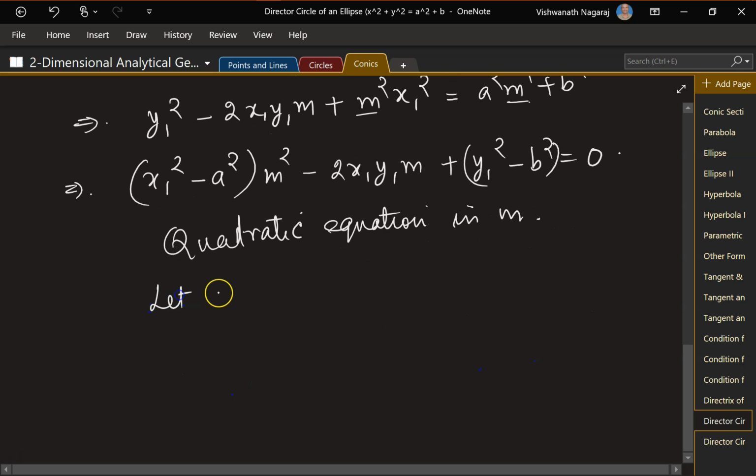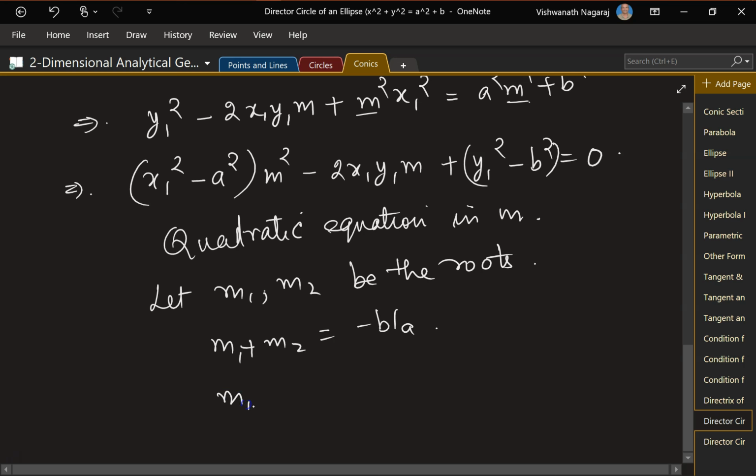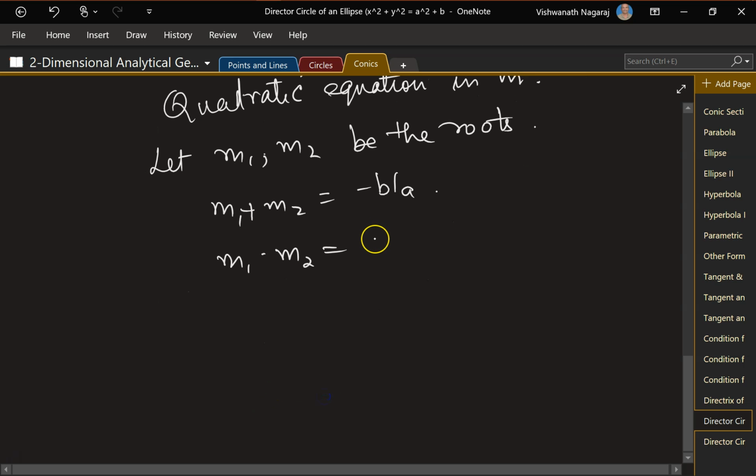Now let m1 and m2 be the roots. Now m1 plus m2 is equal to minus b by a, not very interesting in this context. m1 times m2 is c by a.